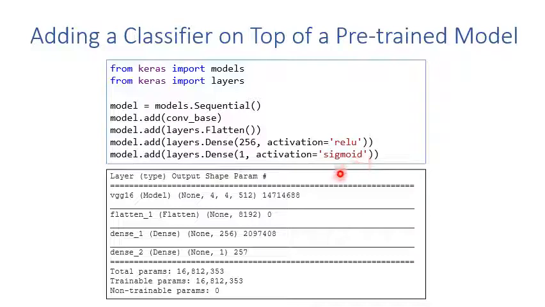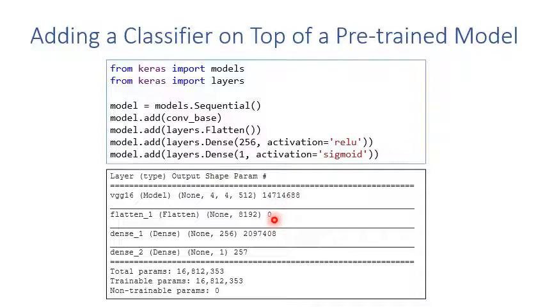We can use summary to see the number of parameters in our sequential model. The summary will print that indeed we are using the VGG16 model, right? There are around 14 million parameters. That's a lot of parameters. It will be very difficult if we want to train a model from scratch.